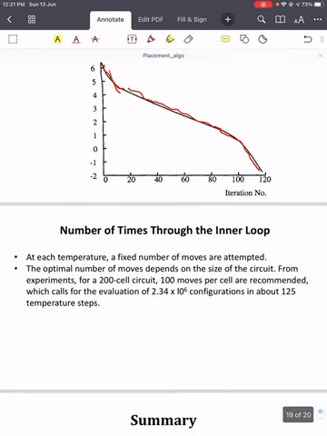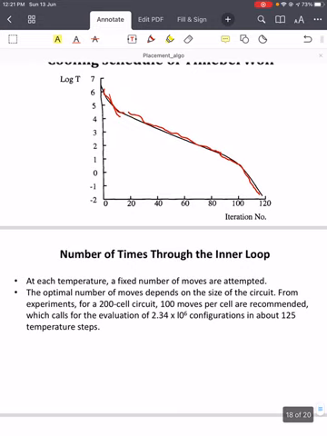The last thing is the number of times through the inner loop, that is, how many times you have to iterate. At each temperature, a number of cells are moved to generate the new placement. So at each temperature a fixed number of moves are attempted, and usually this optimal number of moves depends on the size of the circuit.